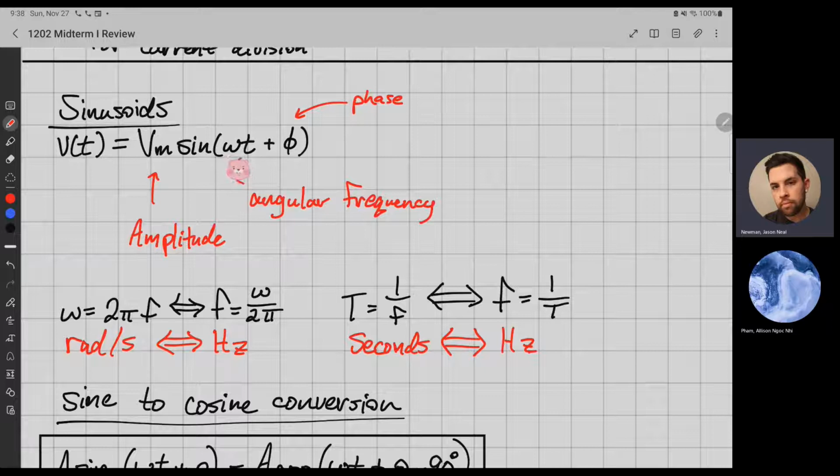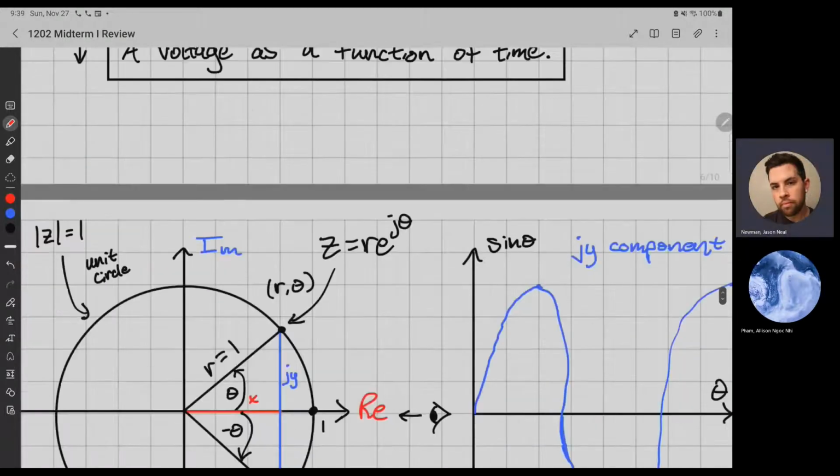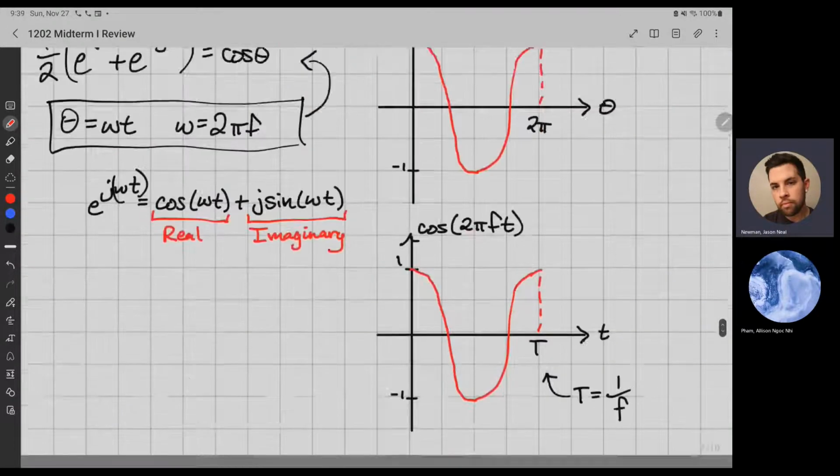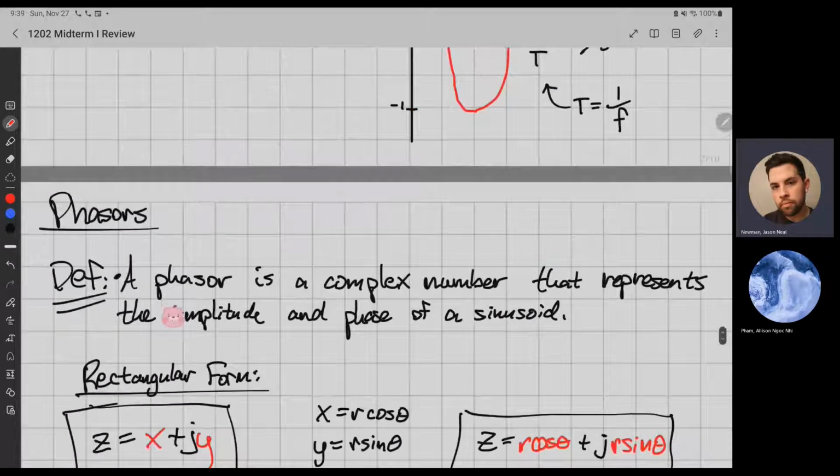So phasors have this omega, right? And an omega is an angular frequency. Whenever you've been working these problems all semester long, omega is always like 20, 50. It's just one single value, right? That's because a phasor is a complex number that represents amplitude and phase of a sinusoid, right?